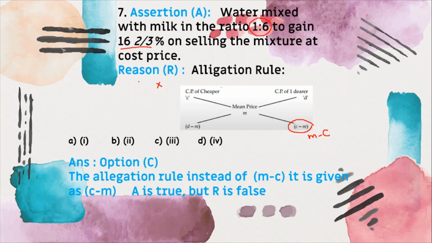Once the reason is not true, we will go for option C. No need to verify the assertion because we have no option where both reason and assertion are false. We have no such option.